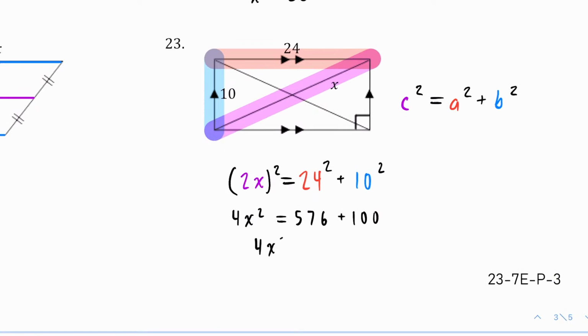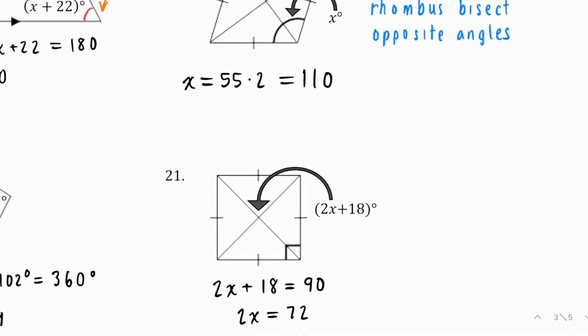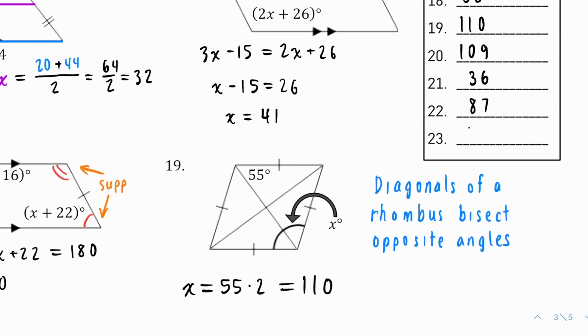So 4x squared equals 676. 676 divided by 4 is 169. And the square root of 169 is 13. So on 23, x is 13.